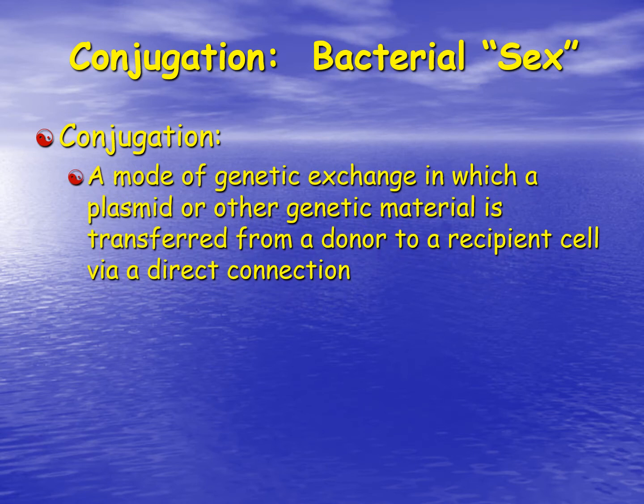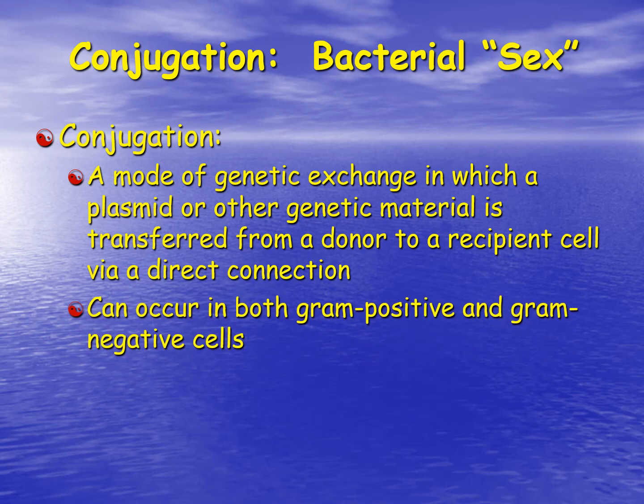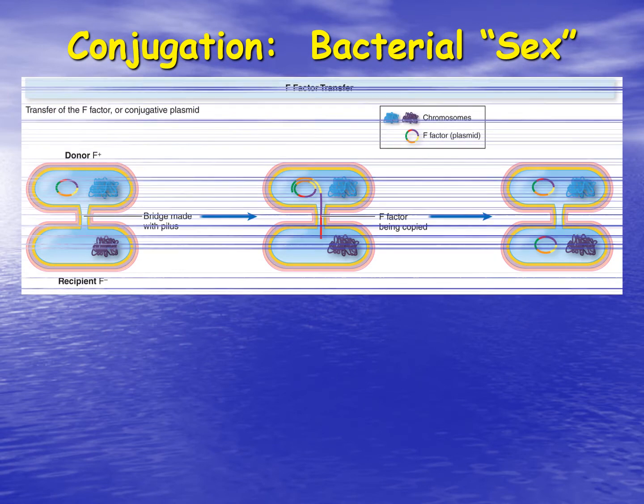Again, bacteria only reproduce asexually, but conjugation is a mode of genetic exchange in which a plasmid or other genetic material is transferred from a donor cell to a recipient cell via a direct connection, and that is the pilus. This can occur in both gram-positive and gram-negative cells.